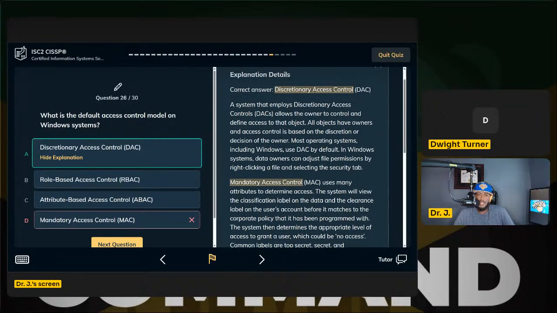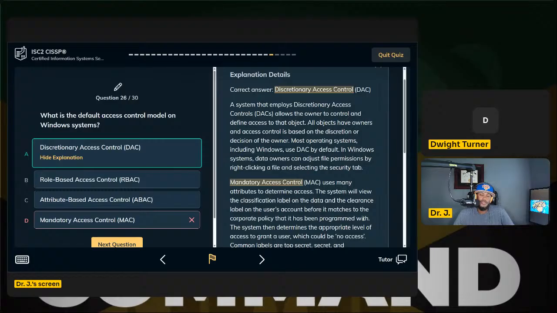A system that employs discretionary access allows the owner to control and define access to that object. All objects have owners, and access control is based on the discretion of the owner. Most operating systems, including Windows, use DAC by default. On Windows systems, owners can adjust file permissions by right-clicking the file and selecting security.